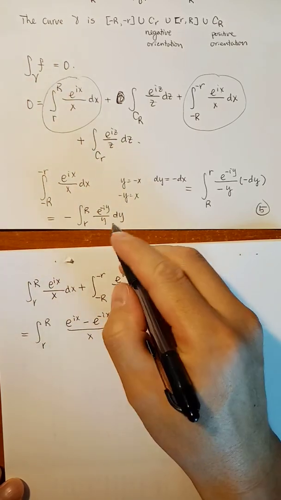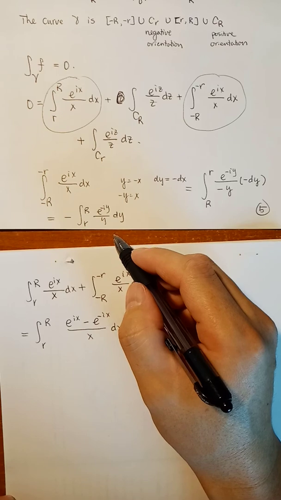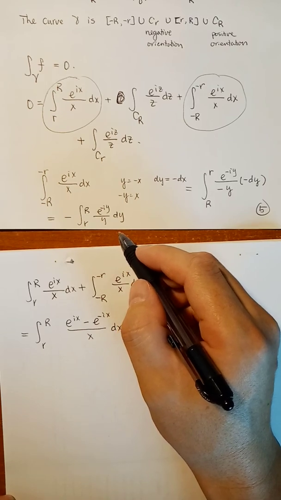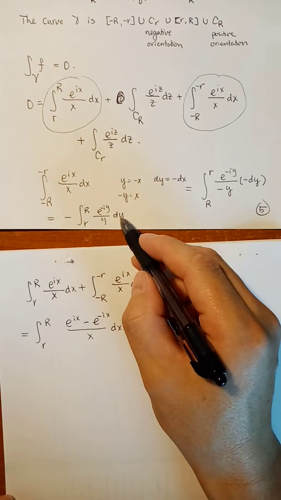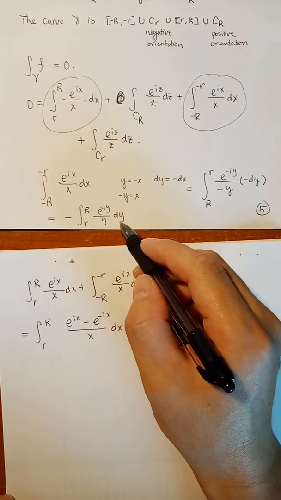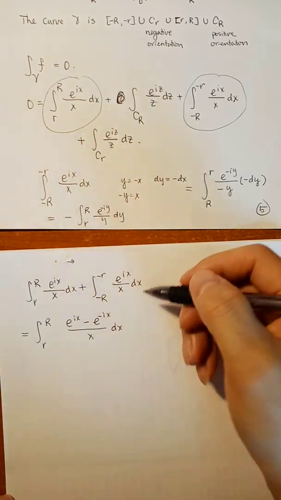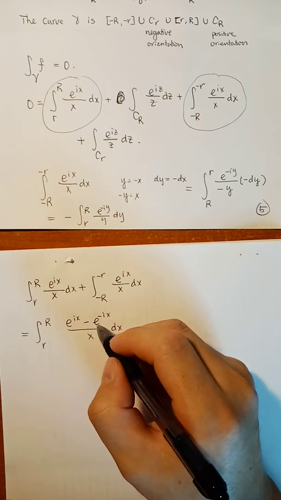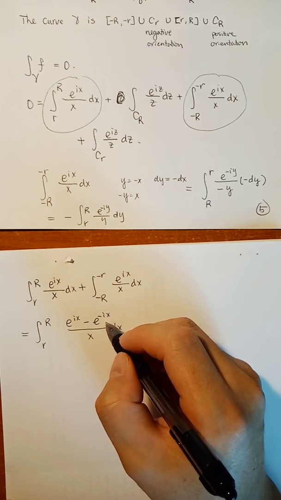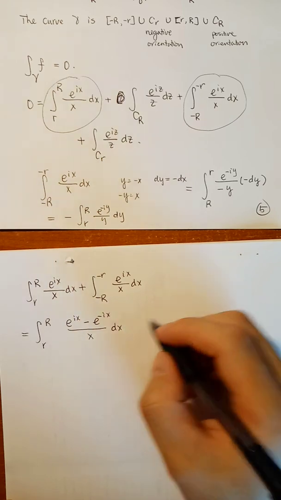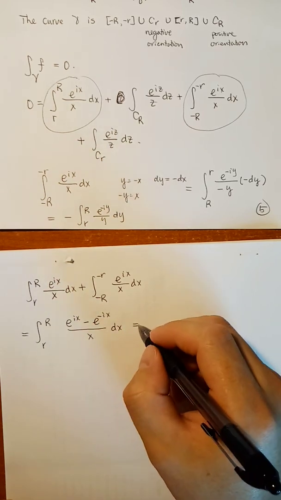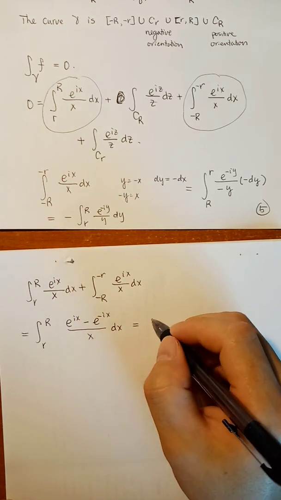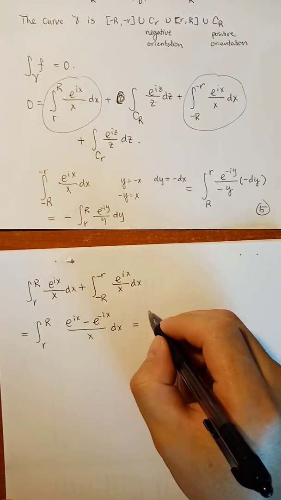Remember, those variables are dummy variables. You can just write them as whatever letter you like. So here we use x. And e to ix minus e to negative ix is 2i sine x.